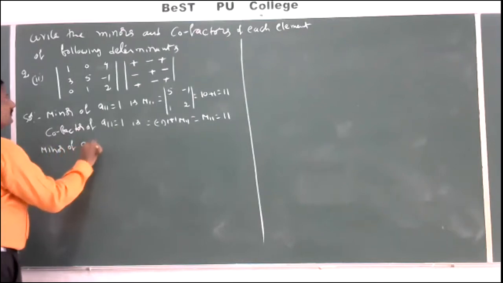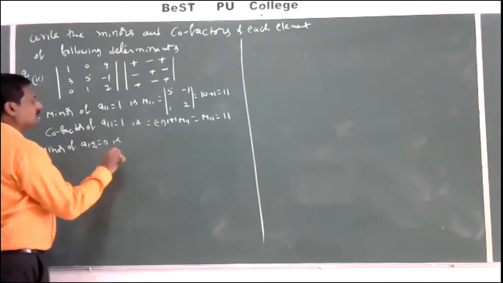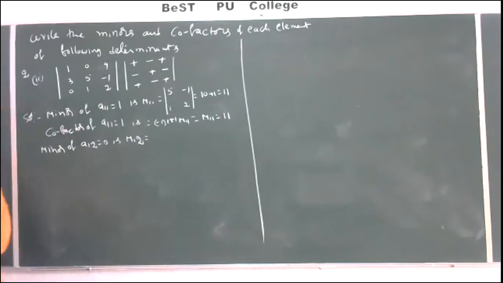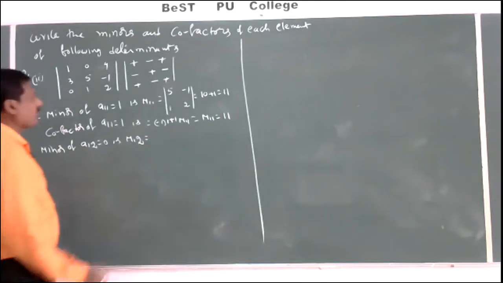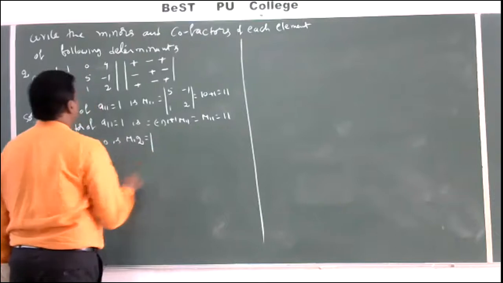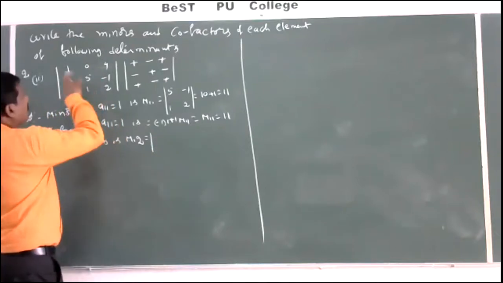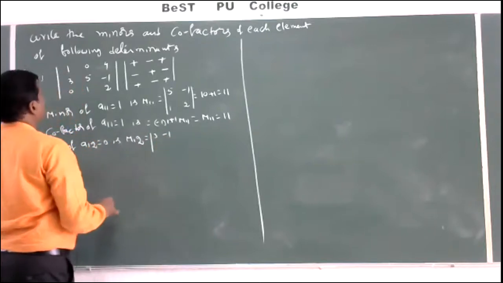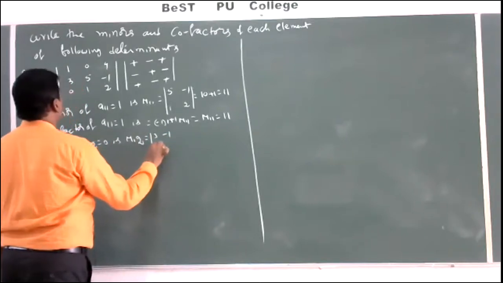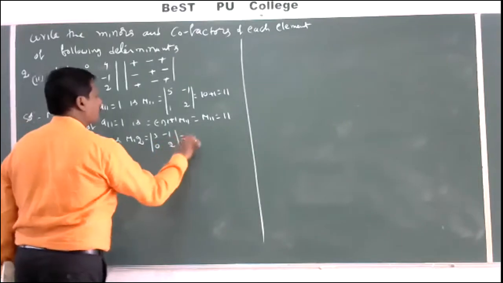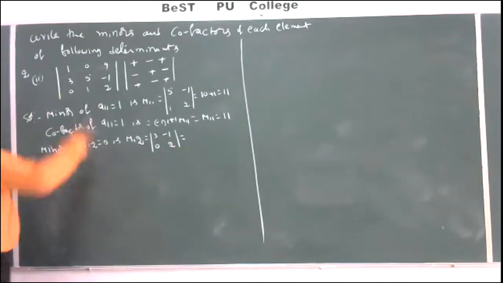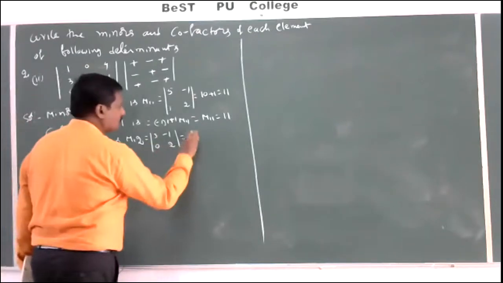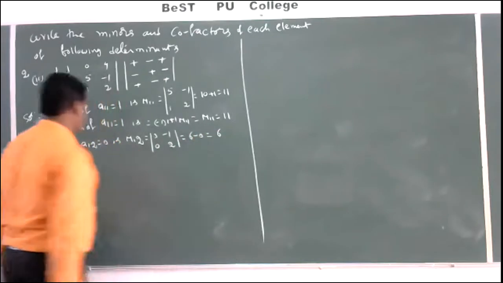Next, minor of a12 equal to 0 is M12. This is equal to the determinant left after removing the first row and second column. The remaining elements are 3 minus 1, 0 2. This is equal to 6 minus 0, that equals 6.